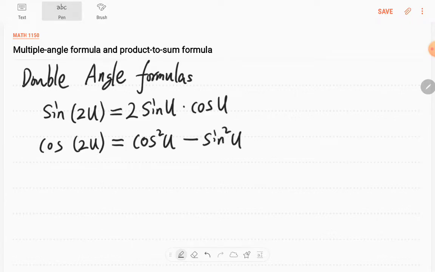We know that sine square is equal to 1 minus cosine square, so it becomes 2 cosine square minus 1. If you use cosine square equals 1 minus sine square, then you will have 1 minus 2 sine square.